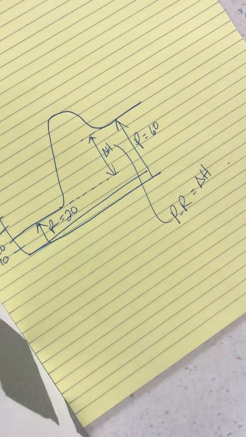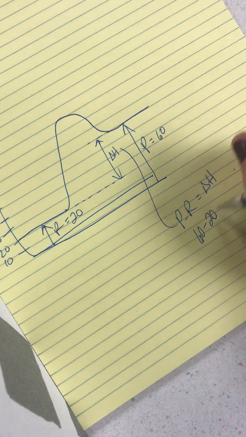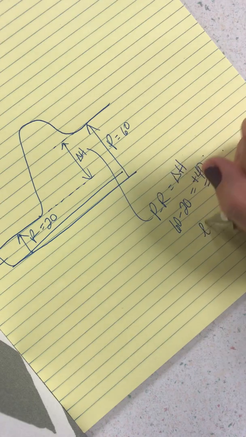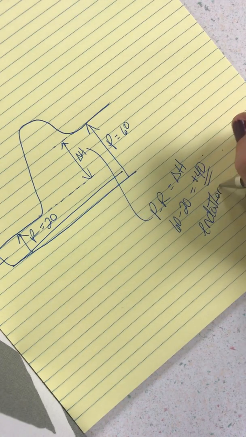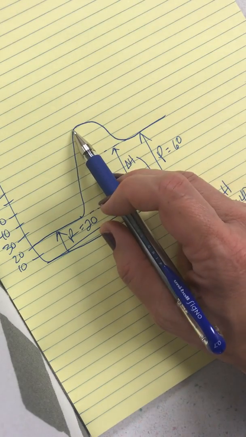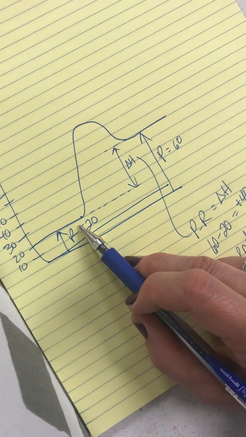So I ended at 60 minus 20. My delta H is positive 40. A positive value tells me that I have an endothermic reaction. It had energy that had to go in. My products ended with more energy than my reactants.